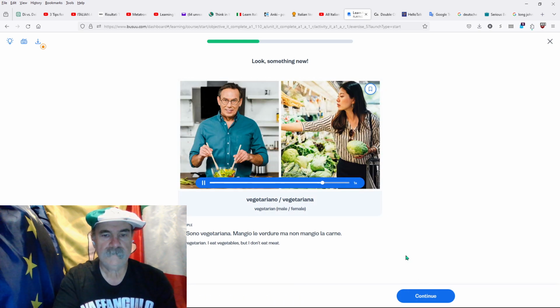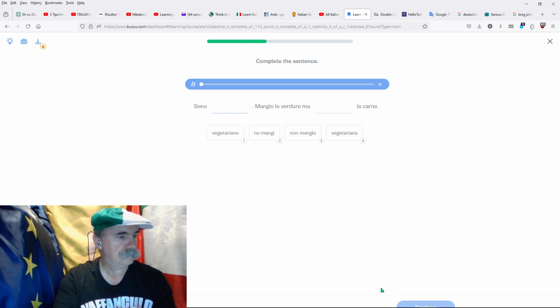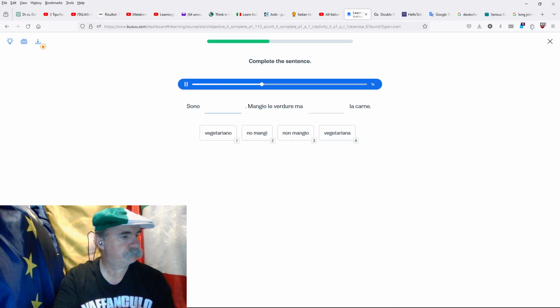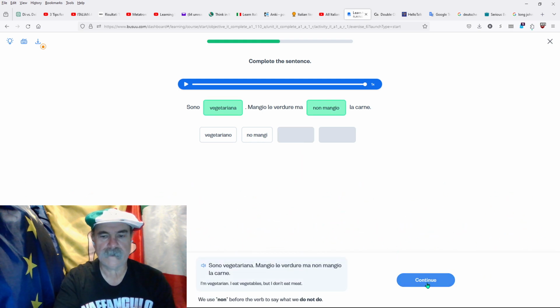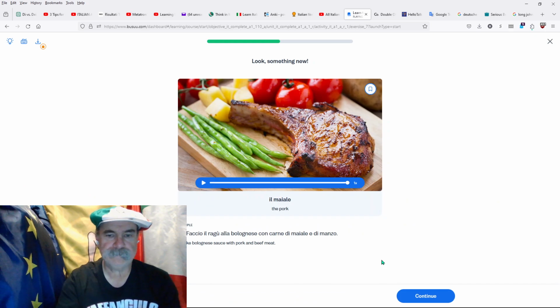Vegetariano. Vegetariana. Vegetariano. Vegetariana. Sono vegetariana. Mangio le verde, ma non mangio la carne. Sono vegetariana. Mangio le verdure, ma non mangio la carne. Sono vegetariana. Mangio la verde, ma non mangio la carne. Il La maiale. carne.